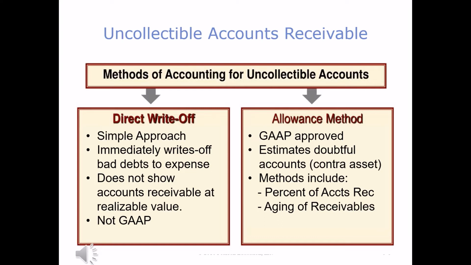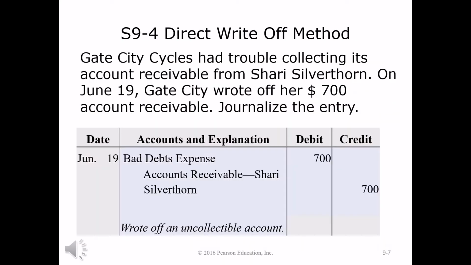What the allowance method does is it takes portions, maybe percentages, of your receivables that you think are generally uncollectible based on your past experience, and it sets up an allowance account, assuming that that amount will probably not be collectible. GAAP does approve of this and gives us a little bit more accurate view of our accounts receivable from month to month.